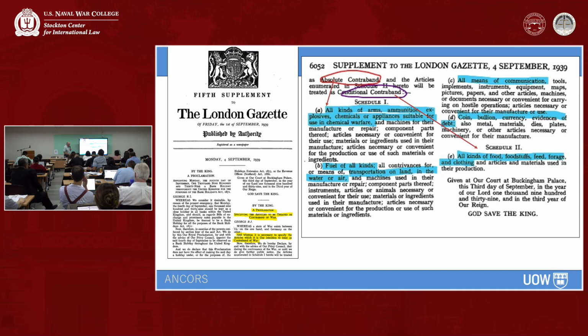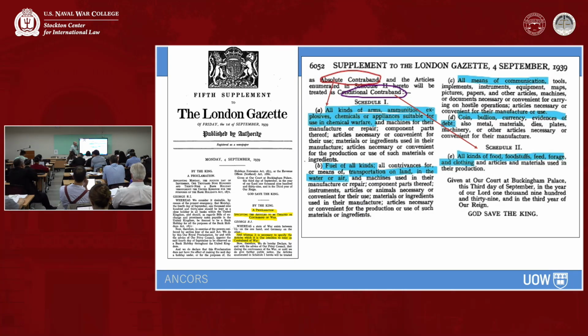An example of that here, from 1939, there were two different types of contraband that were put in place, one being what was called absolute and the second conditional.